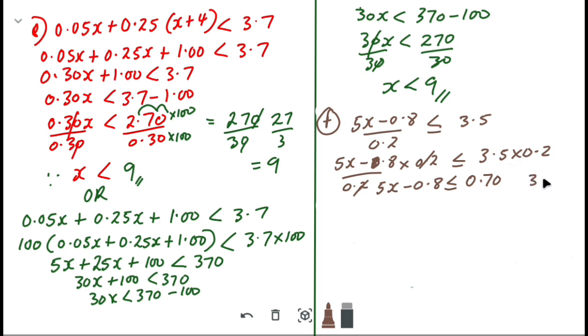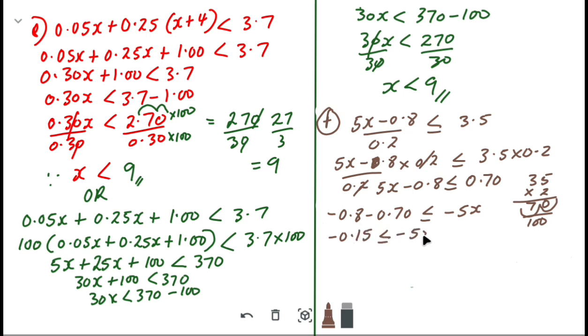If we express this in ordinary number, we have 70, then we later divide it by 100. You move your decimal point 2 times, so you have 0.70. So if we collect the like terms, we're going to be having minus 0.8 minus 0.70 less than or equals to minus 5x. So if we add up this number, we're going to be having minus 1.5 less than or equals to minus 5x.